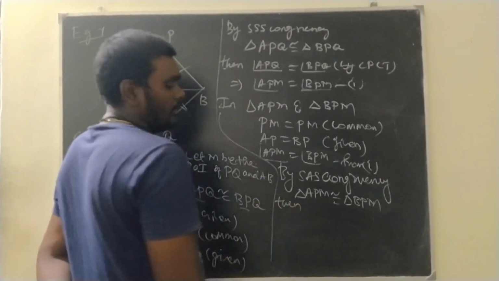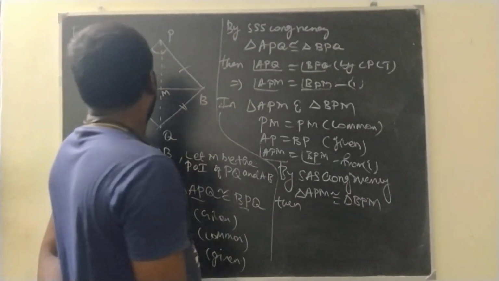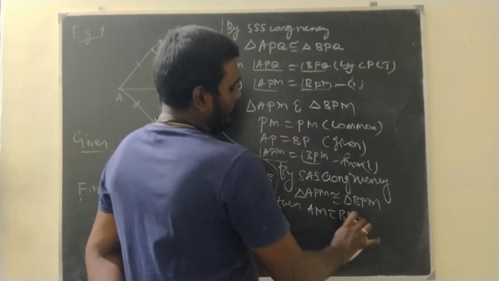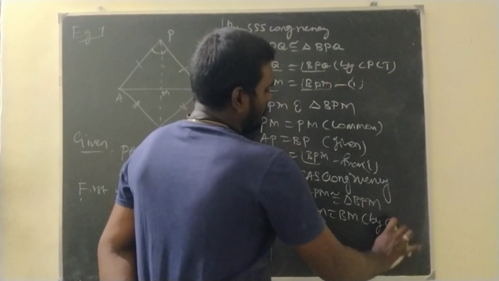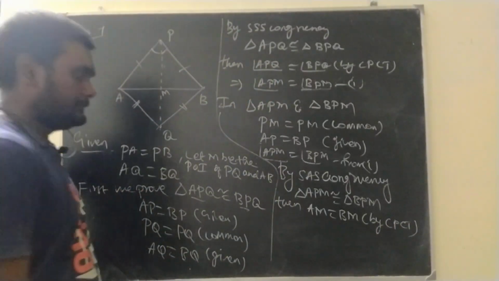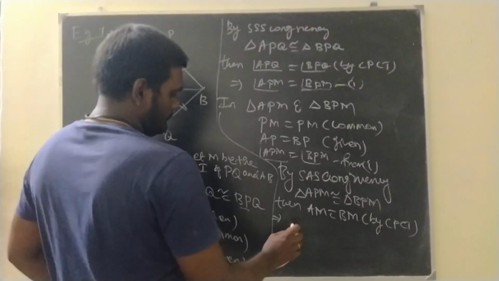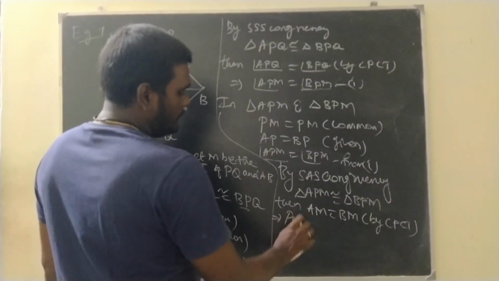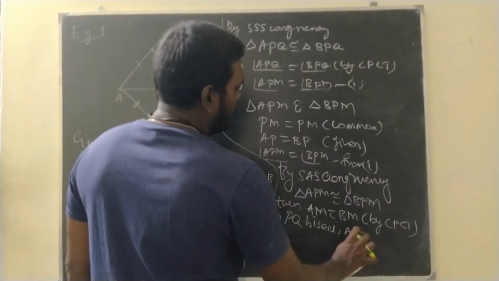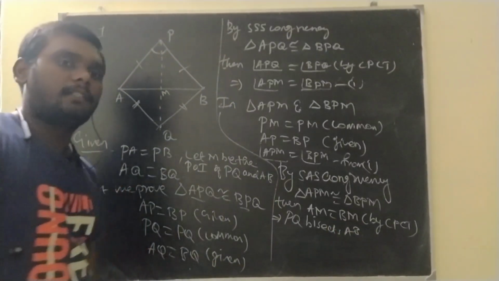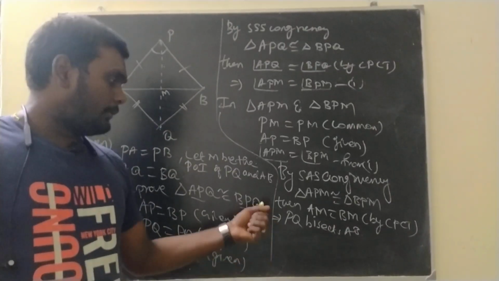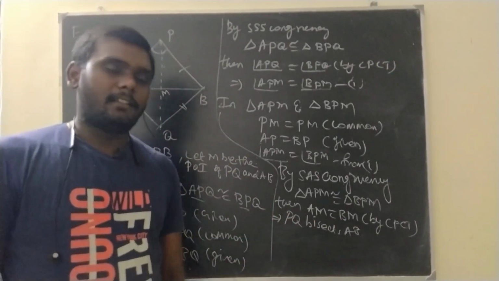Then we have AM is equal to BM by CPCT. Have you understood that? Therefore, PQ bisects AB. But this is not enough. We proved that PQ is a bisector.